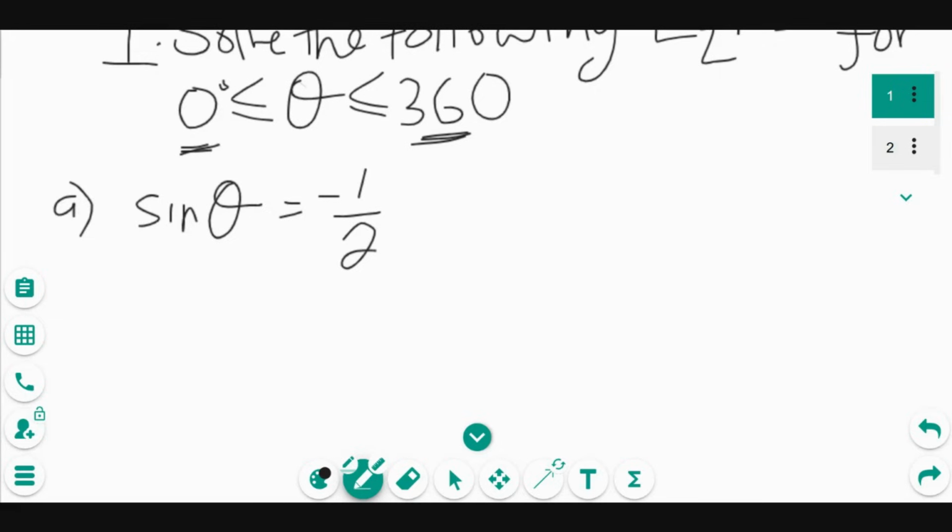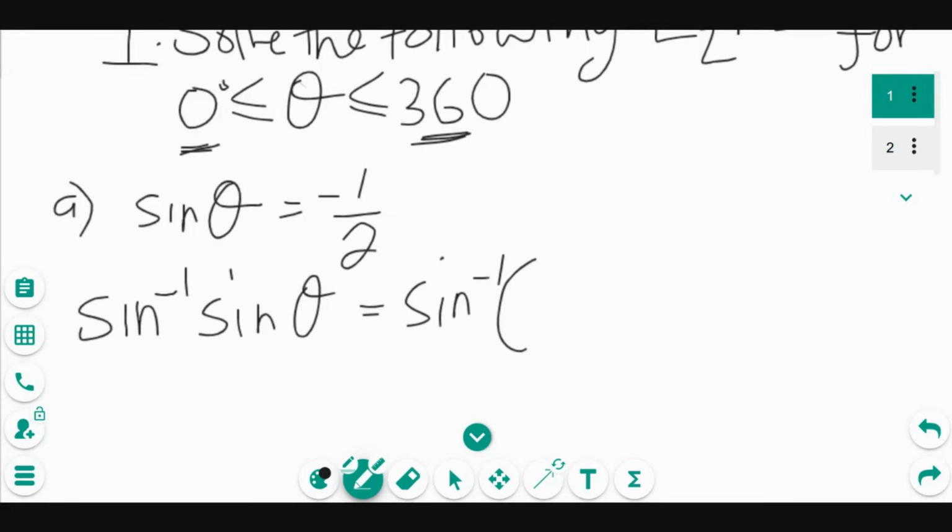If it's tan, you introduce the tan inverse. Why do we introduce that? You're going to see. I'm going to introduce the sine inverse on both sides. Sine inverse of sine theta, and then I also take the sine inverse of a half. I'm ignoring that negative, but I'm going to use it in the quadrants.